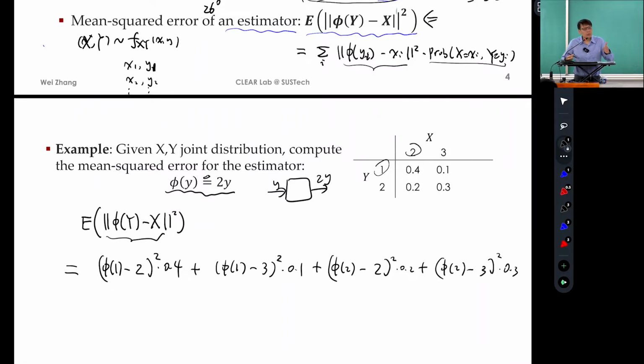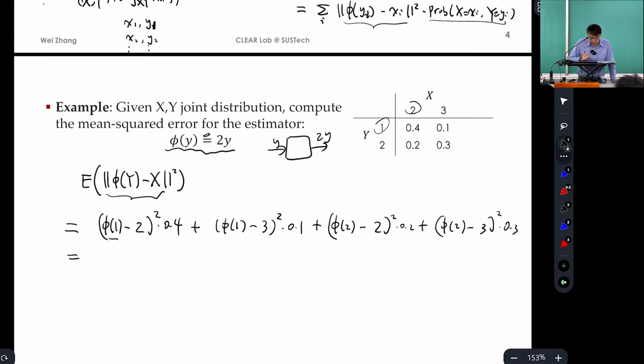On average, that will be the squared error for us. It's the mean squared error. Or we can compute this number very easily. This guy, phi of 1 is 2. 2 minus 2 is 0. This is exactly zero.